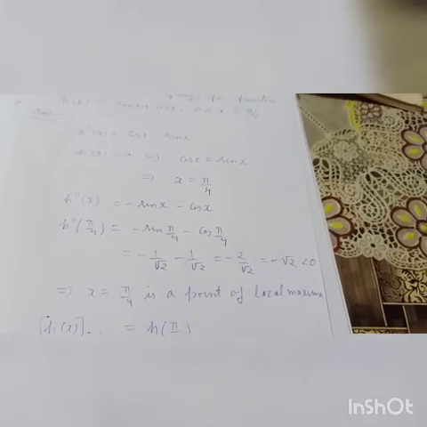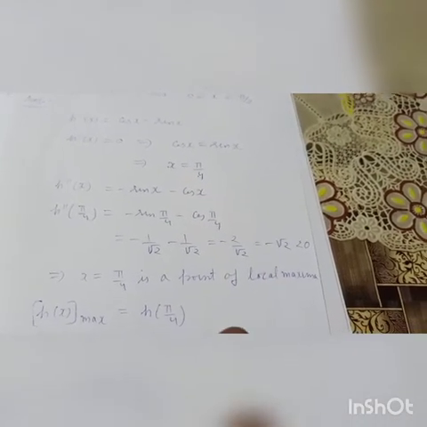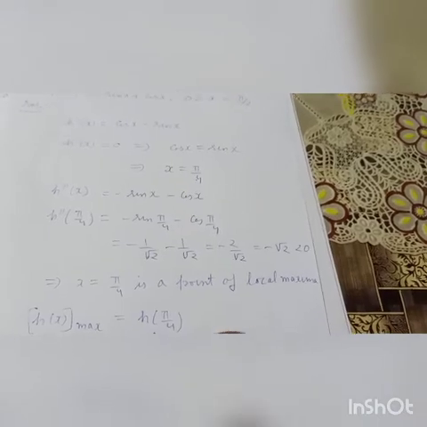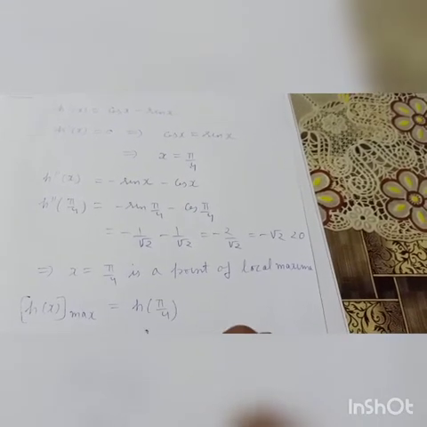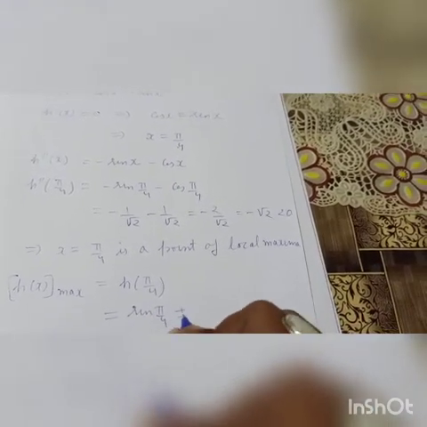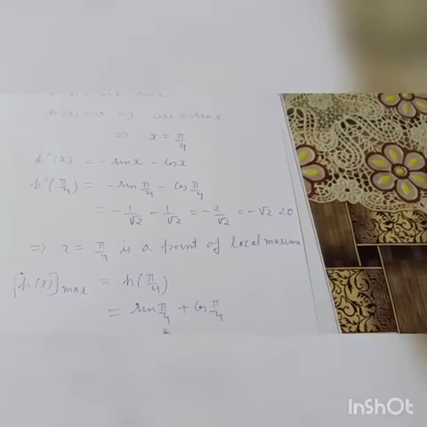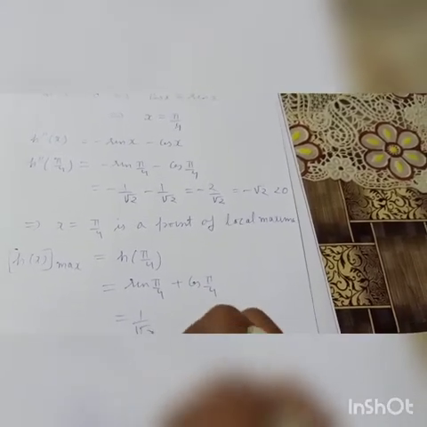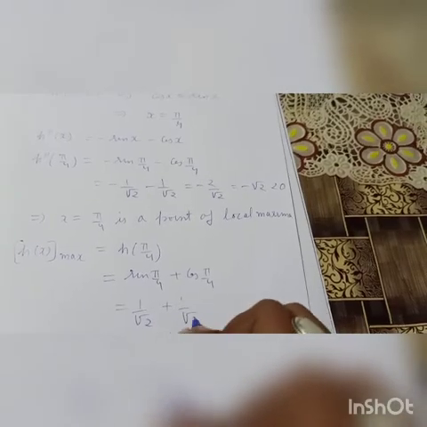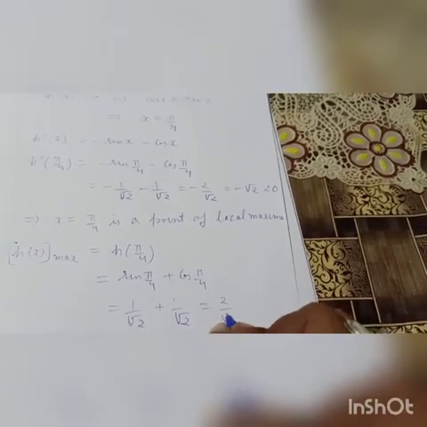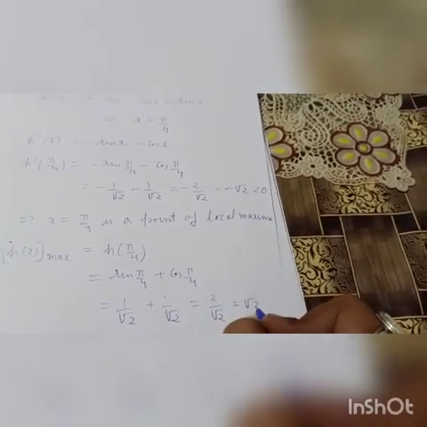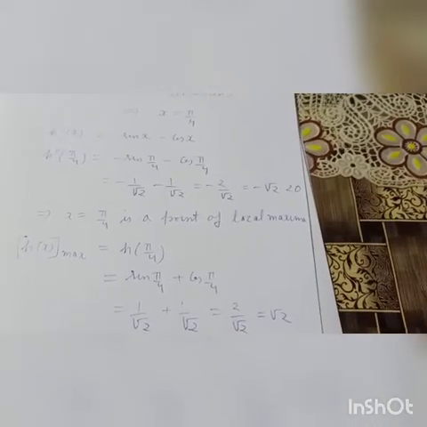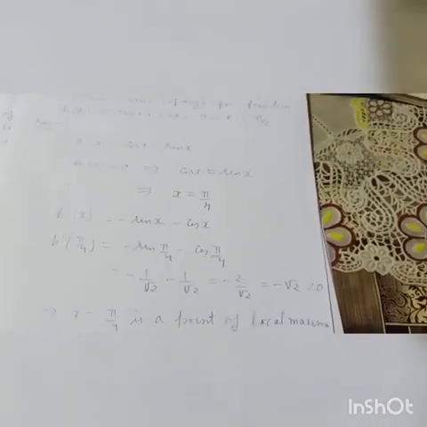Since h is equal to sin x plus cos x, h(pi by 4) equals sin pi by 4 plus cos pi by 4, that is 1 by root 2 plus 1 by root 2, that is 2 by root 2, equal to root 2. So this is the local maximum value of h(x). This completes the problem solution.